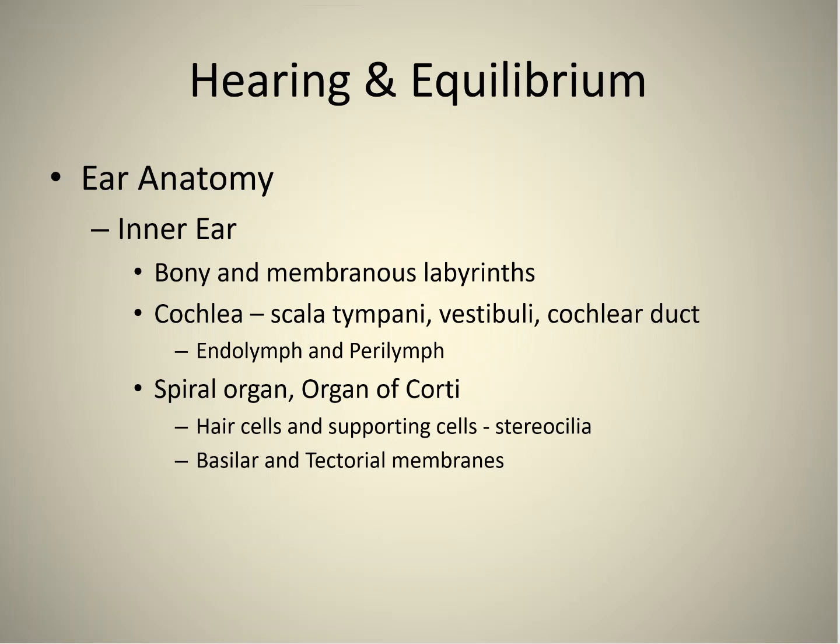And the spiral organ, also known as the organ of Corti, is where the auditory receptors are located: hair cells and supporter cells with the stereocilia. And then we're going to talk about a couple of important membranes called the basilar membrane and tectorial membrane.